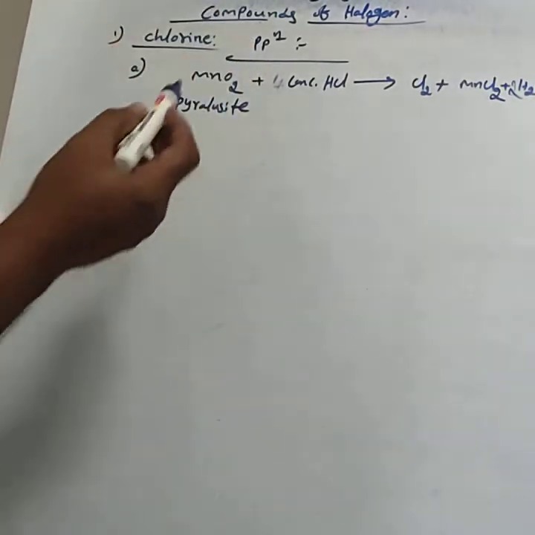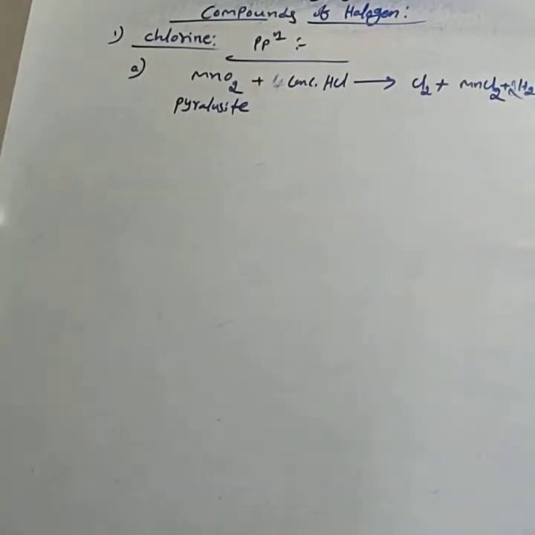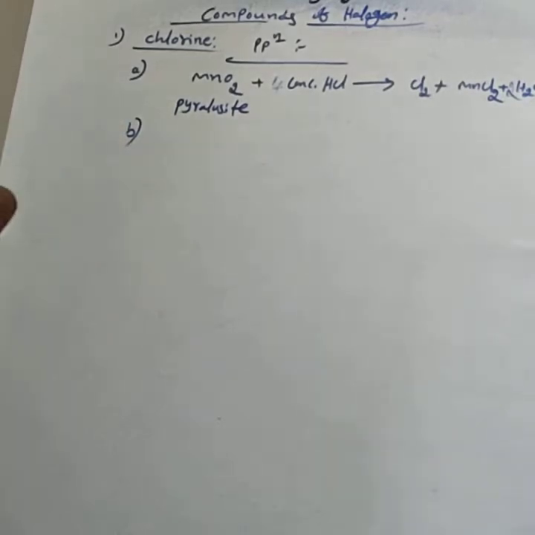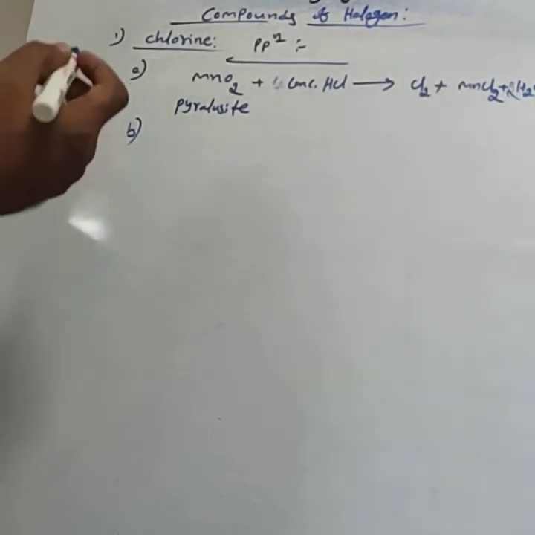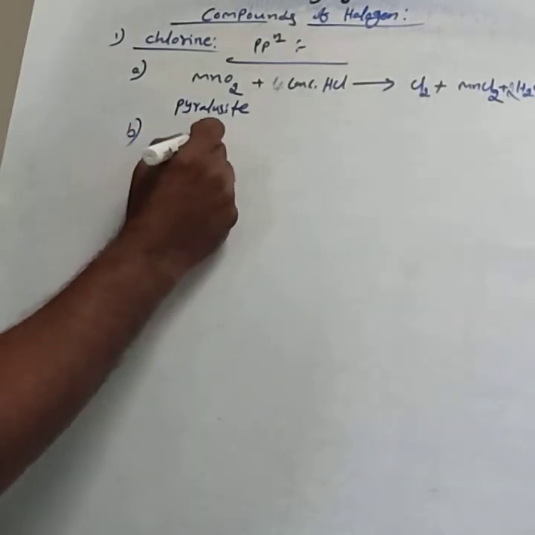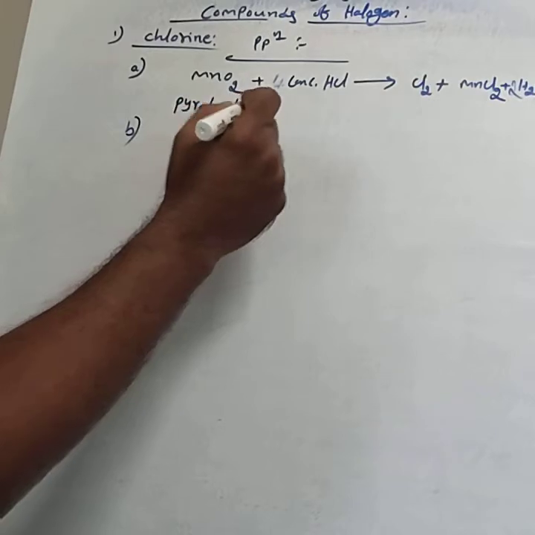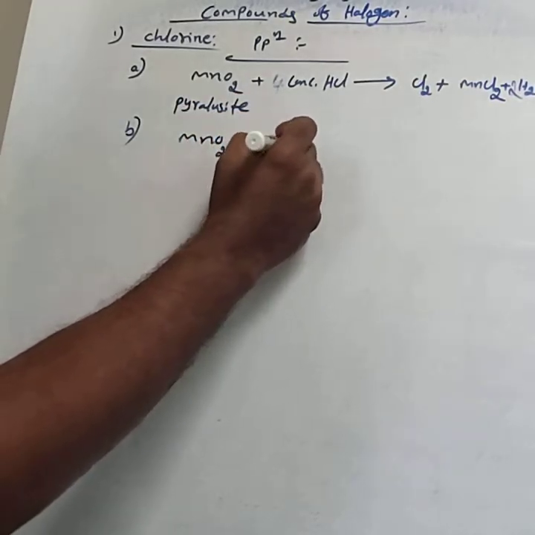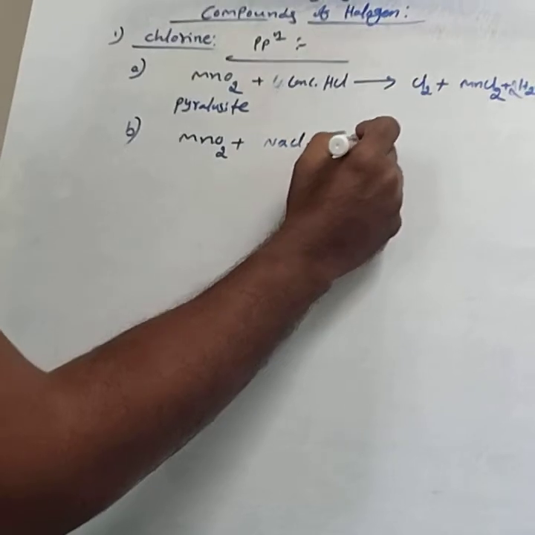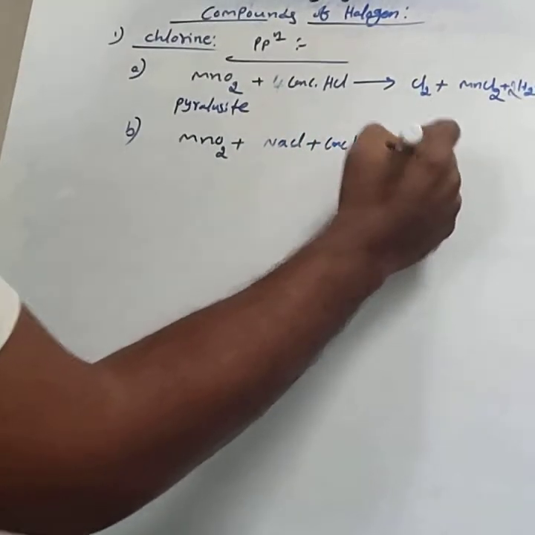First method: by heating pyrolusite MnO2 with concentrated HCl, dichlorine is formed. The second method: instead of concentrated HCl, the same MnO2, manganese dioxide, is heated with sodium chloride, common salt, in the presence of concentrated H2SO4.